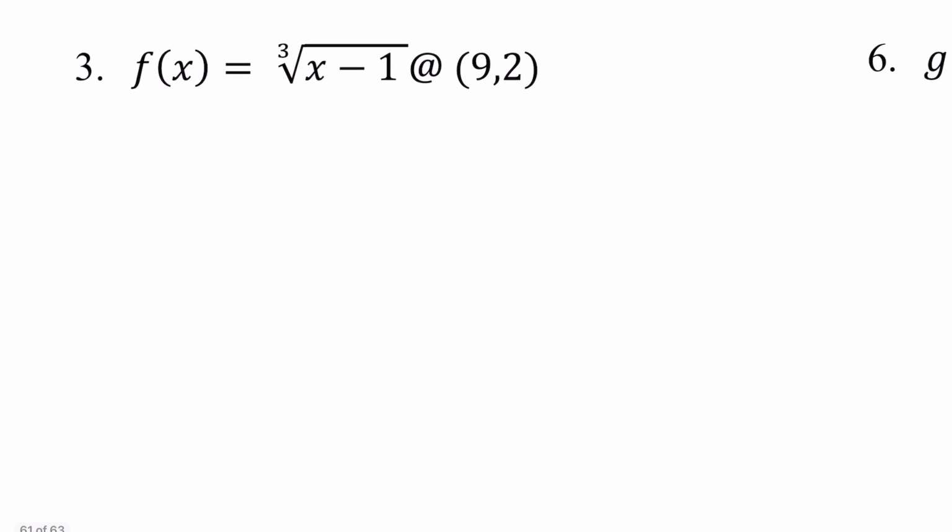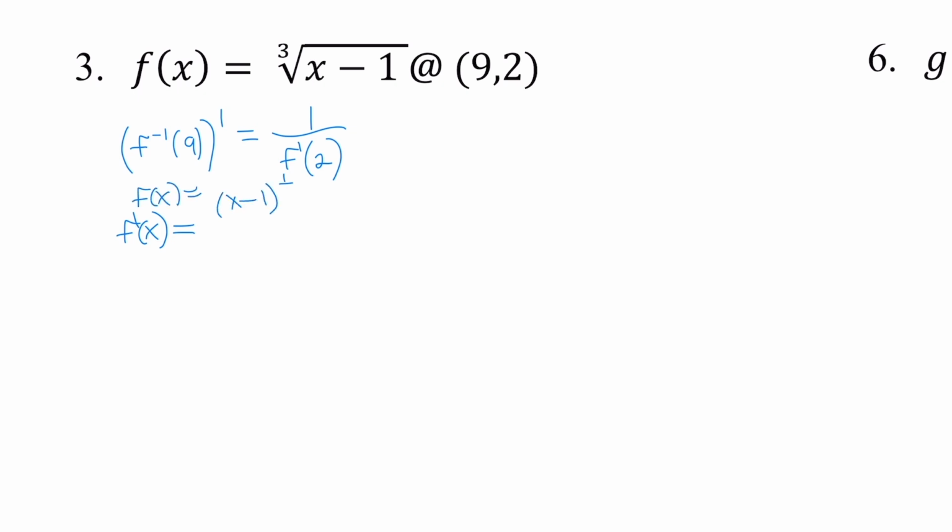And then f of x equals 2 cube root of x minus 1, at 9 and 2. So for this one as well, f inverse at 9 prime is equal to 1 over f prime of 2. So we're going to take the derivative of f of x, which is going to be 2 times x minus 1 to the power of 1/3.